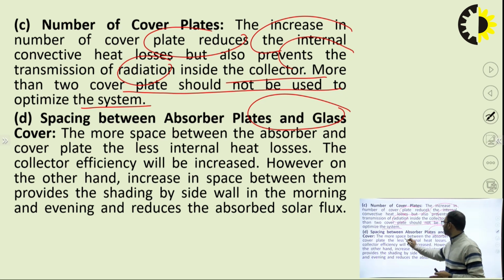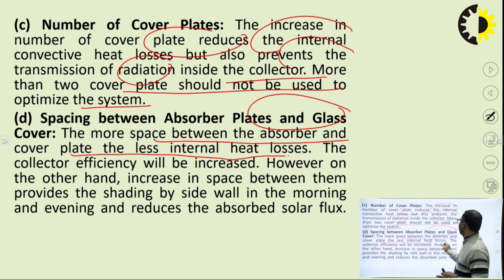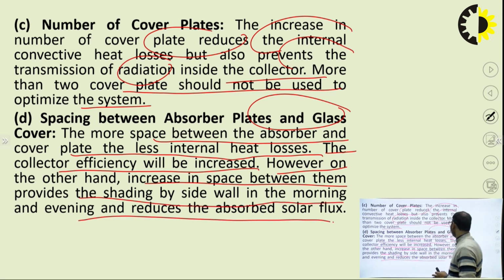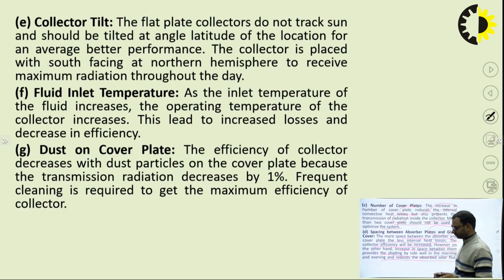The more space between the absorber and cover plate, the less internal heat losses, and the collector efficiency will be increased. However, on the other hand, increased space between them provides shading by the side wall in the morning and evening and reduces the absorbed solar flux.